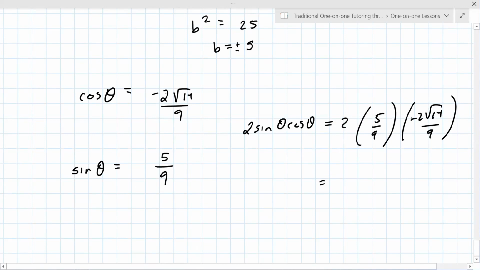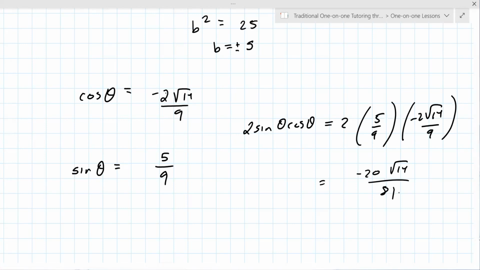Briefly simplifying, that's minus 20 square root 14 over 81. The answers don't mean anything. You don't get a number and say, oh, that makes sense. They're just sides of triangles or ratios, things like that. So there's not a great way to check this.